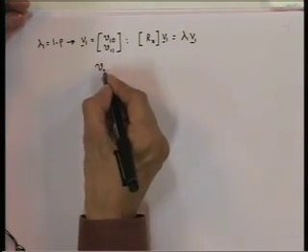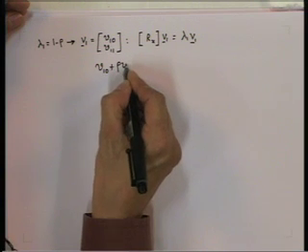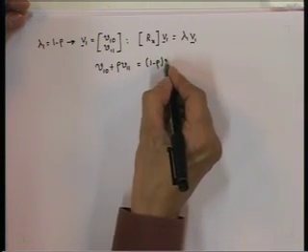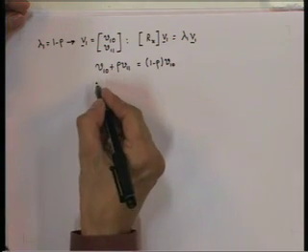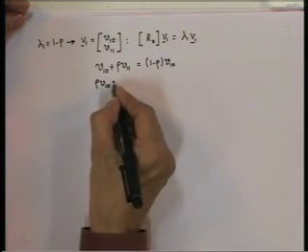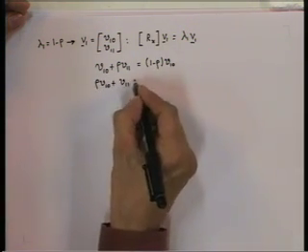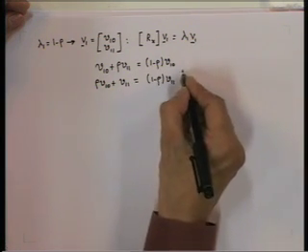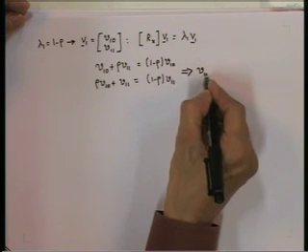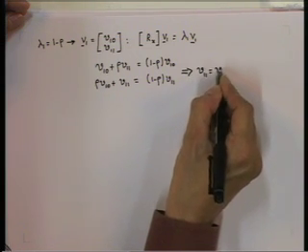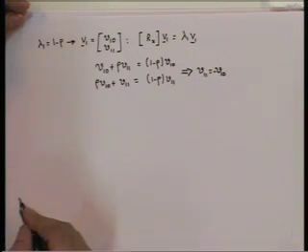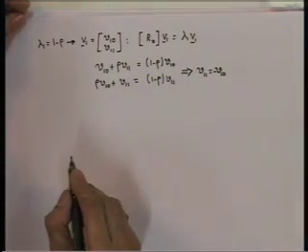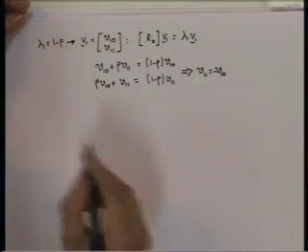This implies V 1 0 plus rho V 1 1 is equal to (1 minus rho) V 1 0, and rho times V 1 0 plus V 1 1 is equal to (1 minus rho) times V 1 1, and this implies V 1 1 is equal to minus V 1 0. Now, we also require that the KLT transform matrix should be orthonormal.